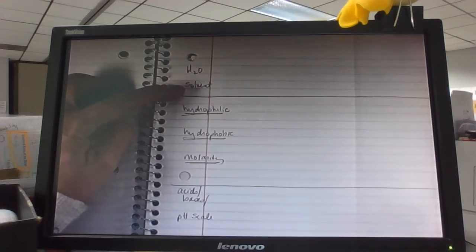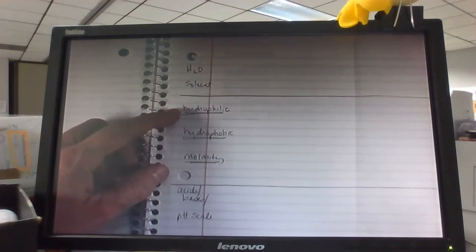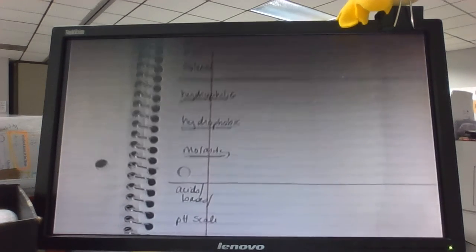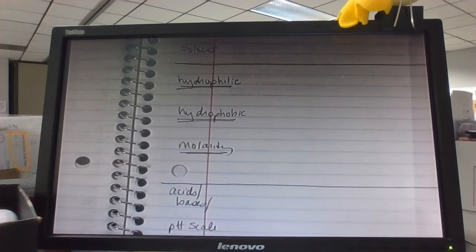So H2O, solvent. So this is the section that's talking about H2O as being the universal solvent. Hydrophilic, hydrophobic, molarity, acid, bases, pH scale. So you read through that section and the pH scale and information about acids and bases.